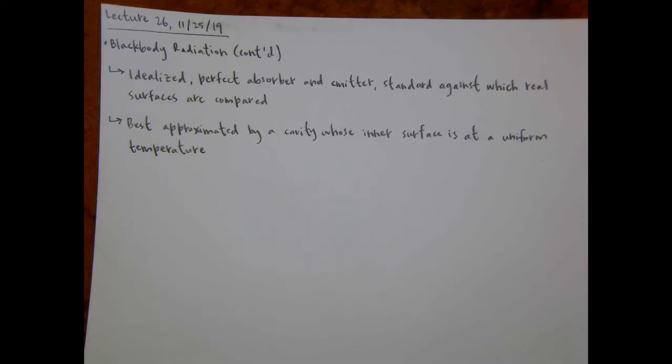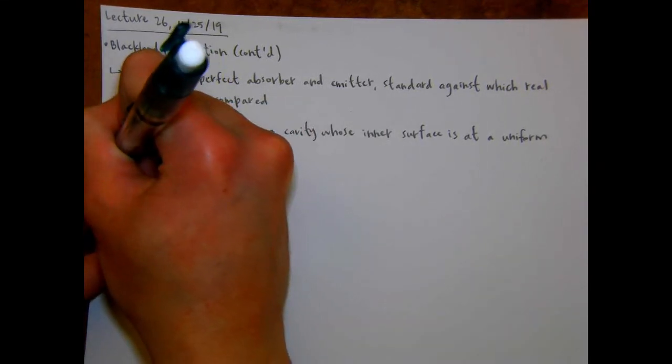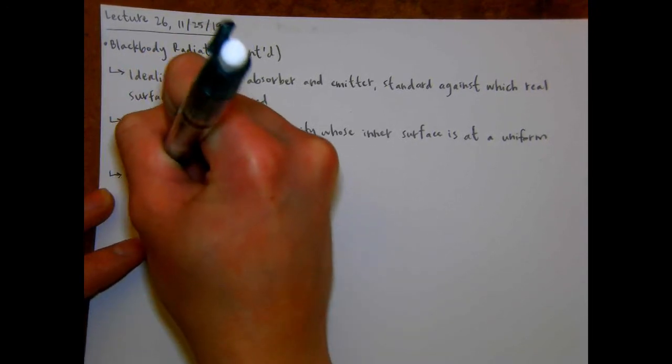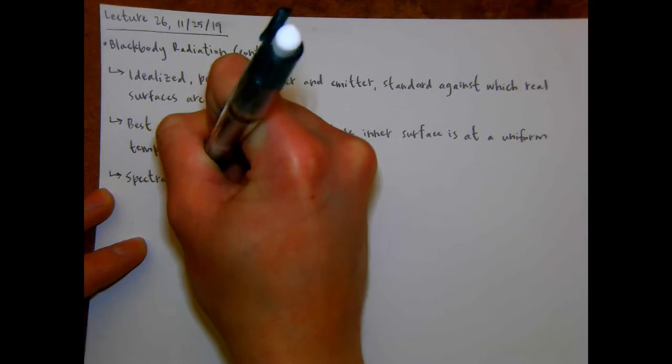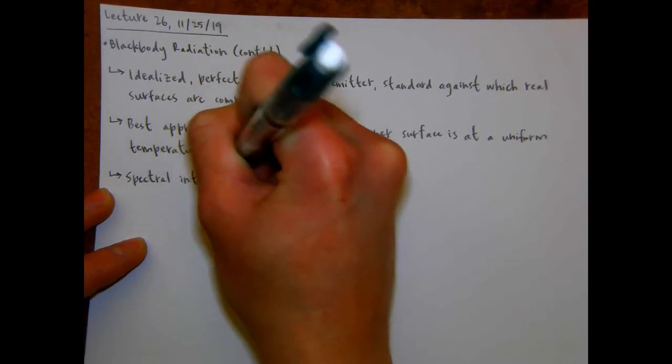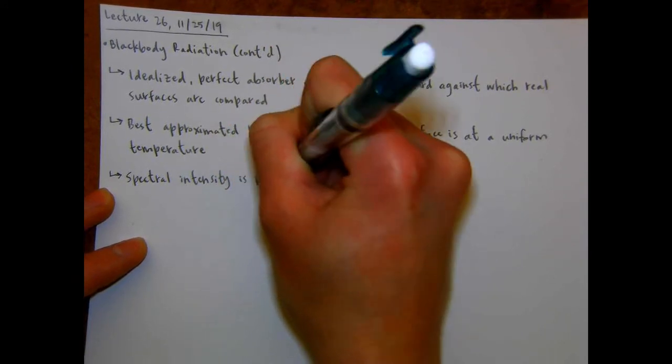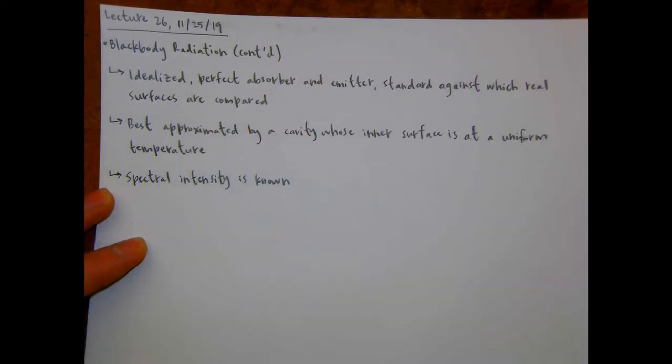One of the most useful properties of a black body is that its spectral intensity is known. It's been characterized, and since it's known, we can express the spectral intensity of real surfaces in terms of the spectral intensity of black bodies.